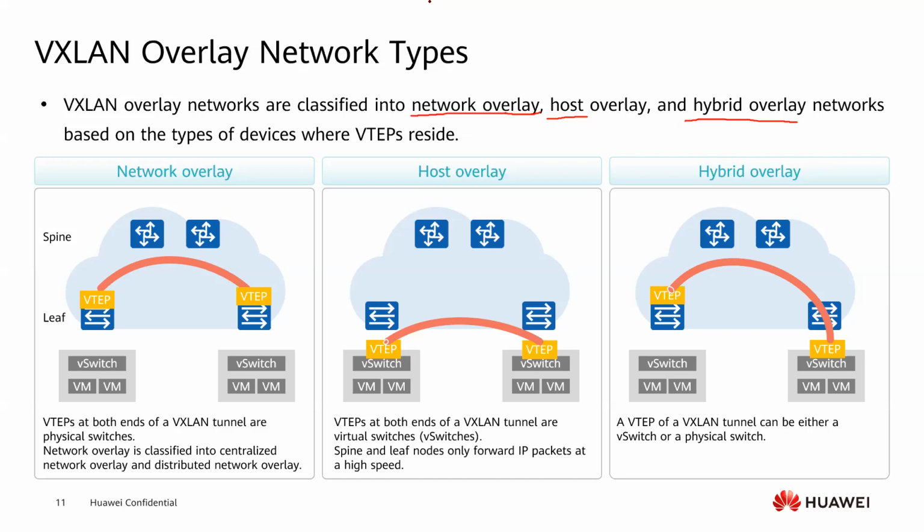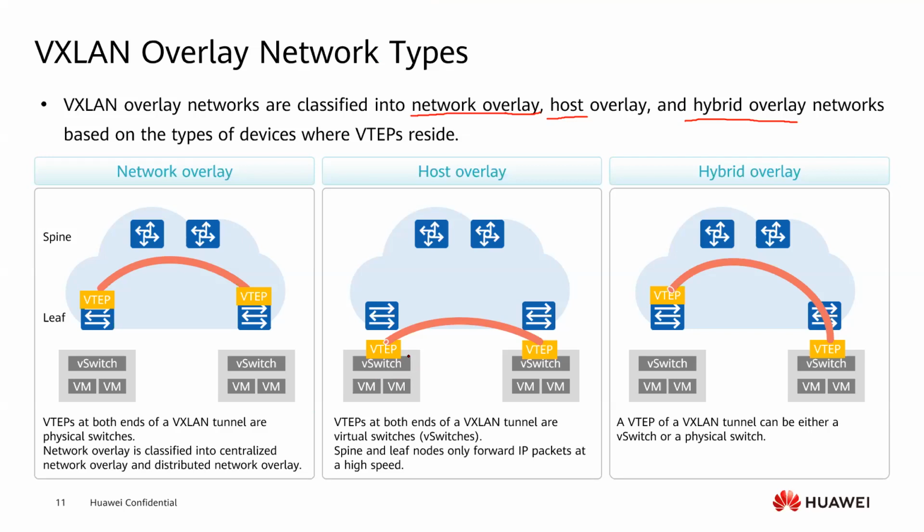It can forward the frame, and it can drop the frame. That is a vSwitch. It can also function as the VTEP, which means it can encapsulate and decapsulate the VXLAN packet.